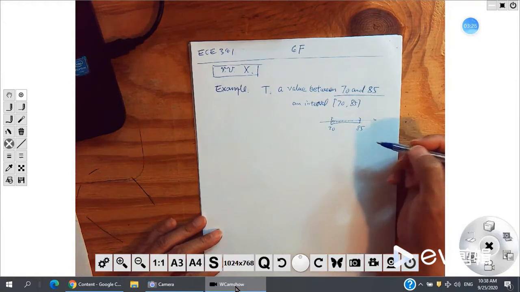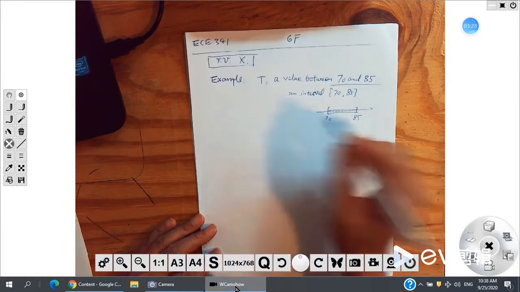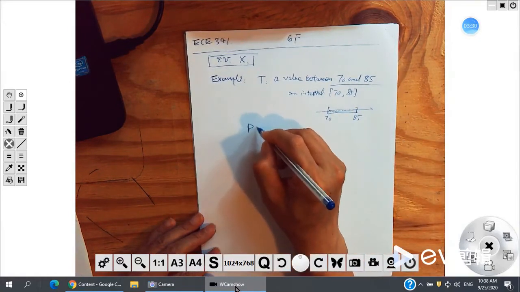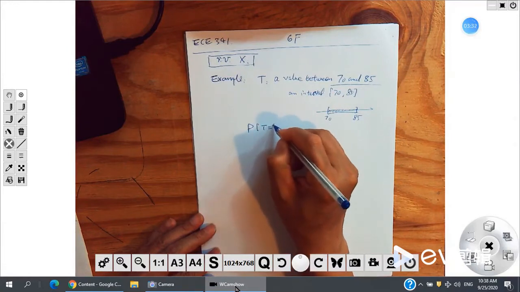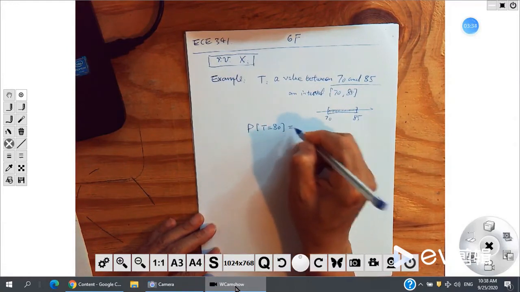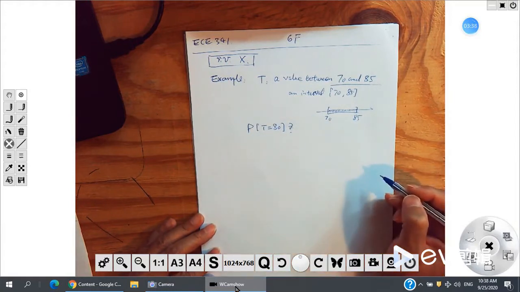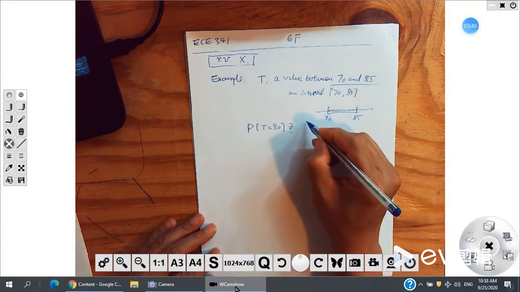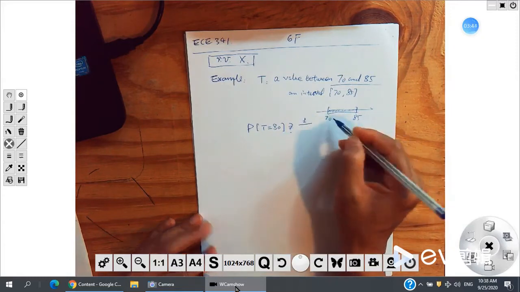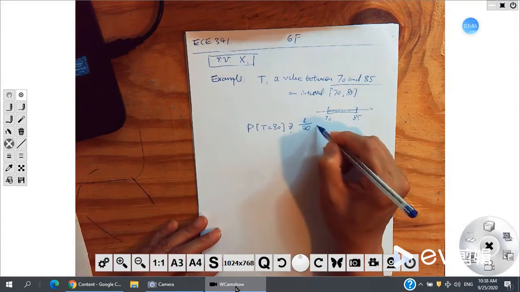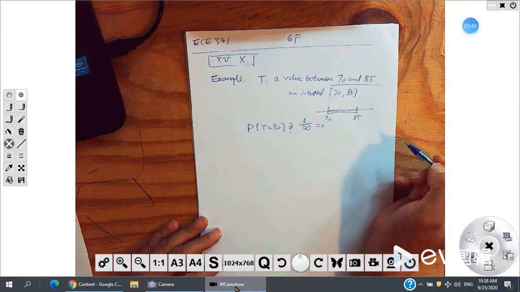For this kind of thing, if you consider the probability T equals 80, what is it? Can you give an answer? This is 1 out of how many possible? Infinite possible. That will be 0. Make sense?